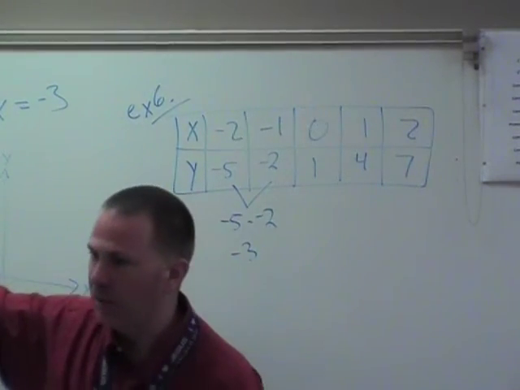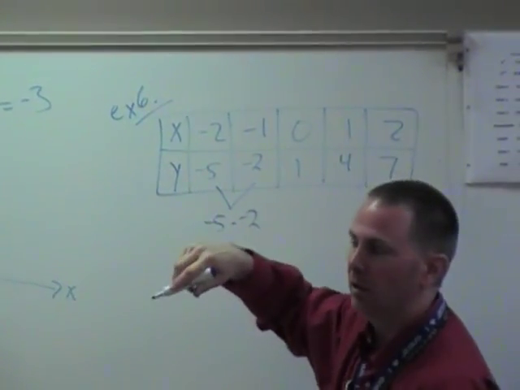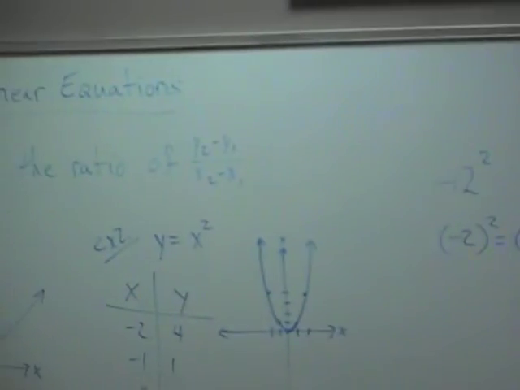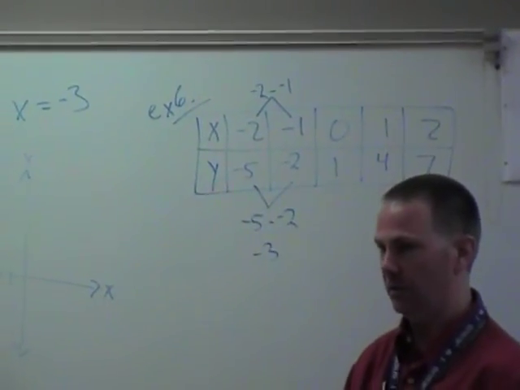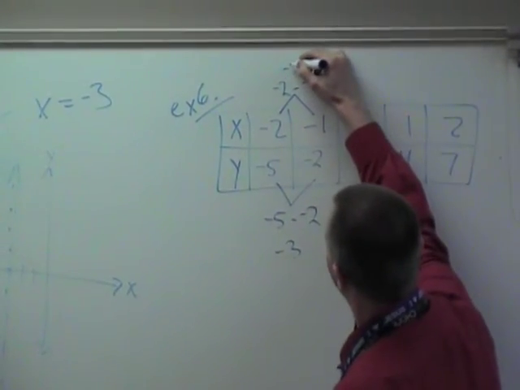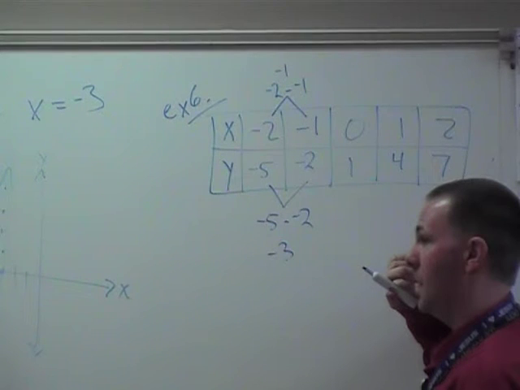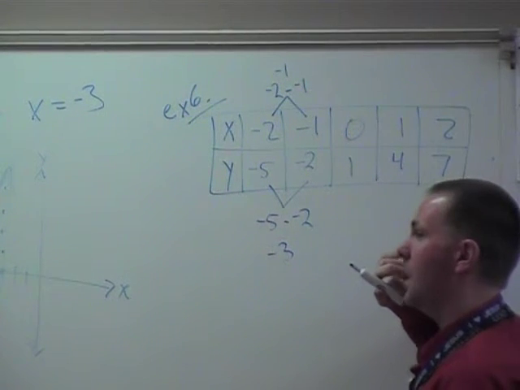That's the top part of the ratio. What's the bottom part? The subtraction of the same x values. What is -2 minus -1?